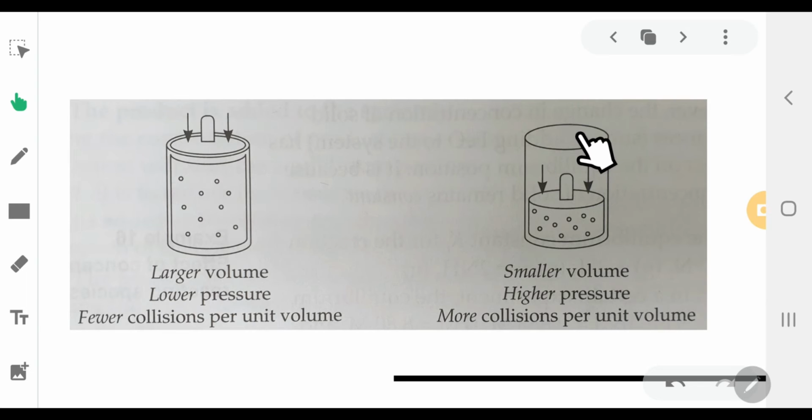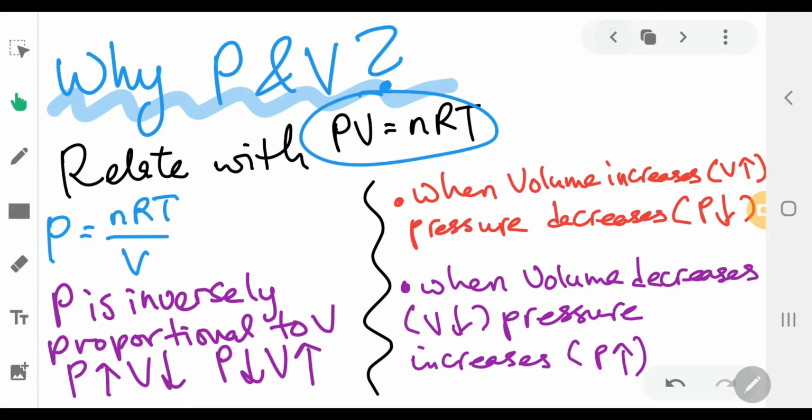But when you make the volume smaller, you will have higher pressure because now you get more collisions per unit volume inside this vessel.